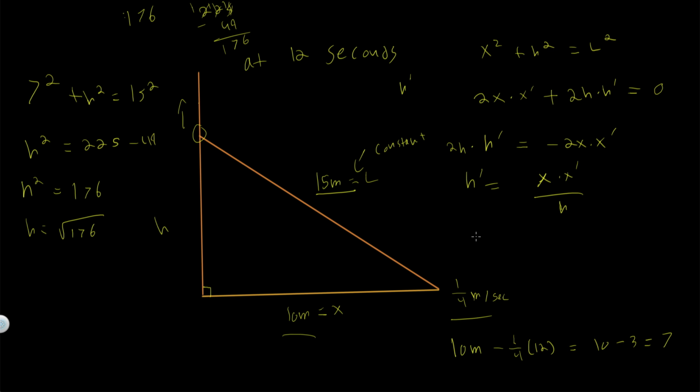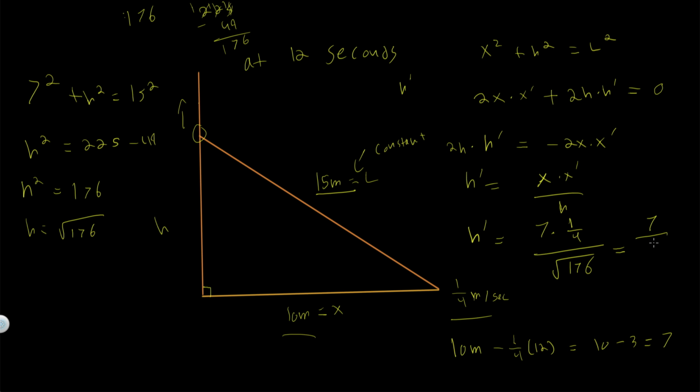Now we have all the values that we need to find h prime at that point at 12 seconds. So h prime is equal to, well, x was 7, so 7 times x prime, which is 1/4, so times 1/4, all divided by the square root of 176. And then we can simplify this a little bit, maybe rationalize it, maybe not, doesn't really matter.